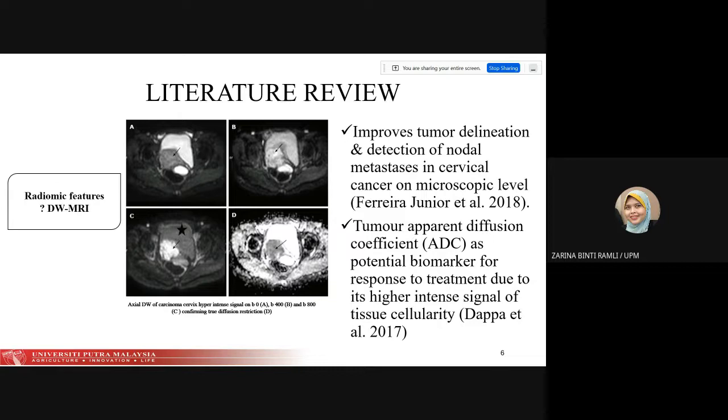Briefly, the primary and secondary study endpoints in the drug are also validated via complement of the existing morphological and functional imaging methods. And this ADC allows for easy visual assessment, measures water molecules, and reflects the biological changes in the tumor microenvironment before and after the patient receives treatment for the cancer.